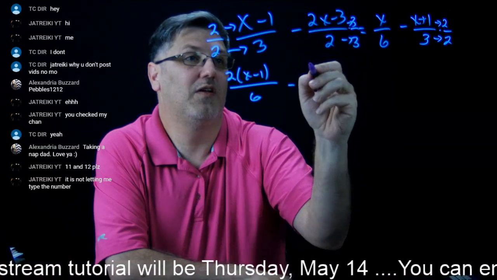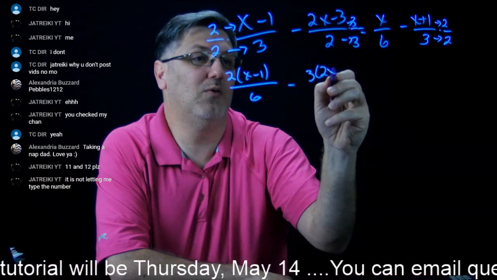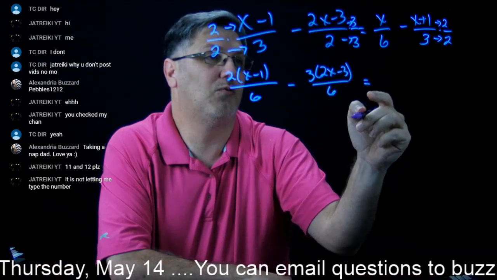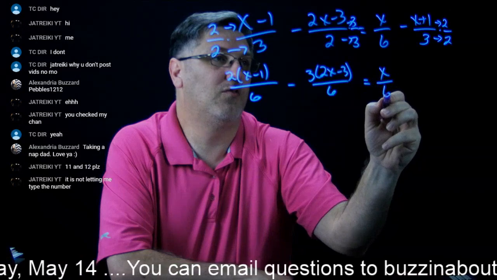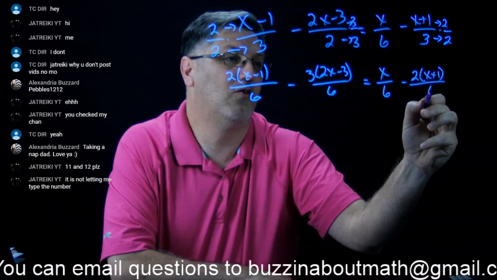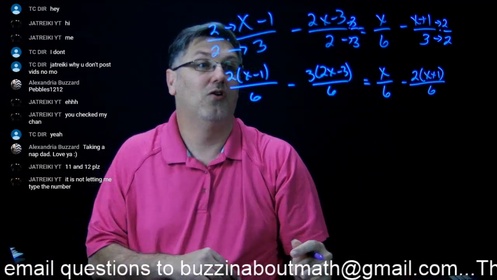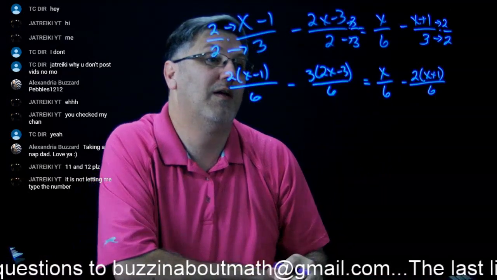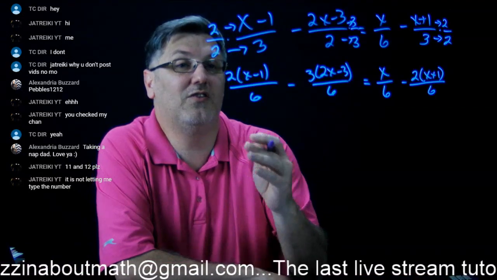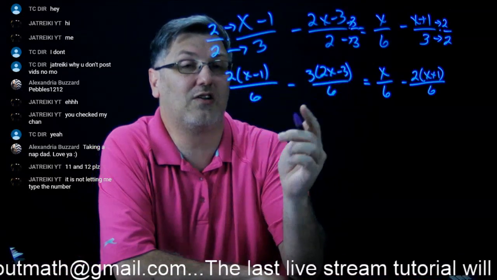minus 3 times 2x minus 3 over 6 equals x over 6 minus 2 times x plus 1 over 6. Now I have a common denominator. Hoorah, that works out perfect for me. All right, so all I'm going to do at this point is distribute and clean this up.